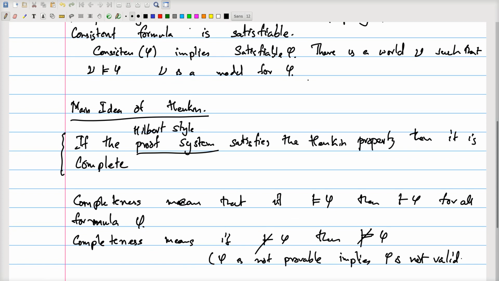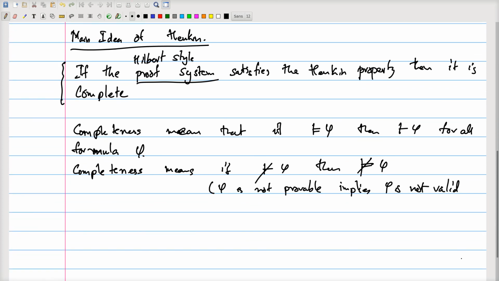So this is just a contrapositive. Contrapositive means A implies B is equivalent to the claim not B implies not A. So we have used the contrapositive in the meta logic, and we just need to show this claim.